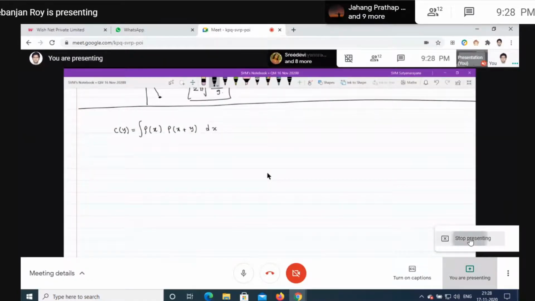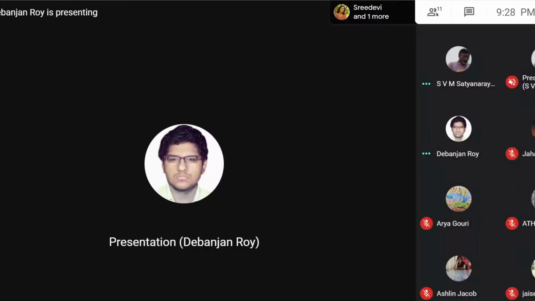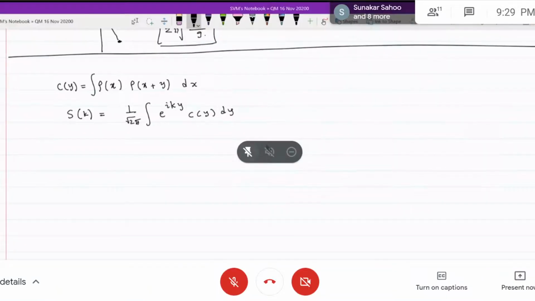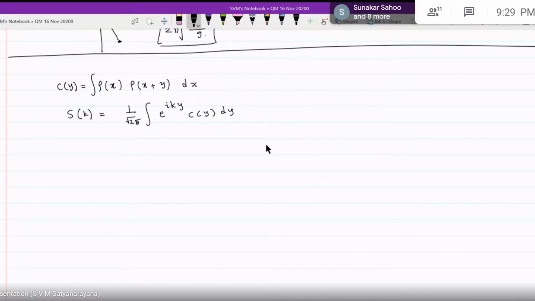And your S of k is equal to the integral of e to the power i k y times C of y. So if your delta becomes 0, then you will have a Dirac delta function.